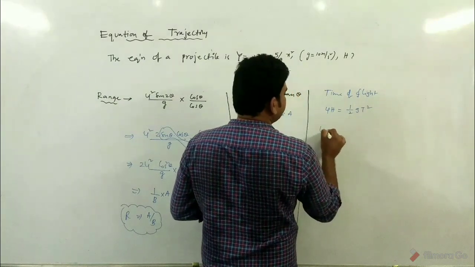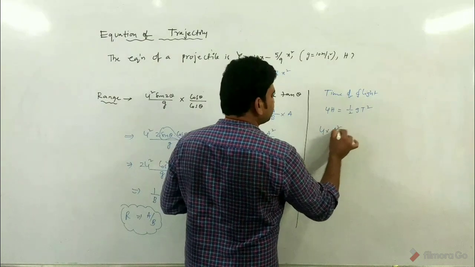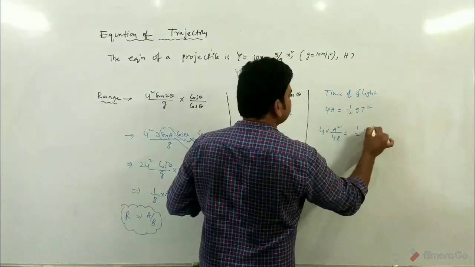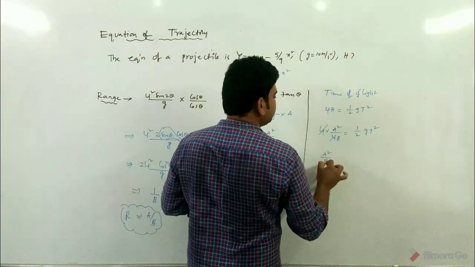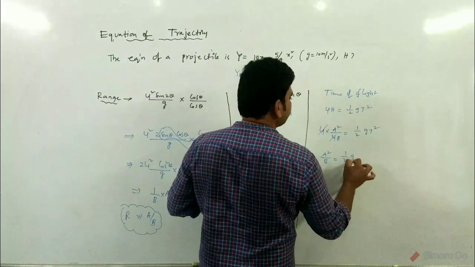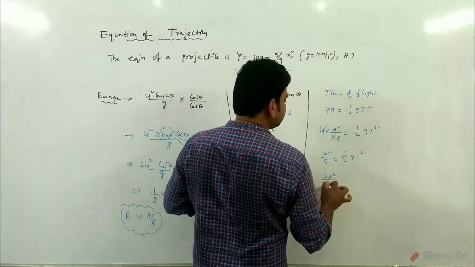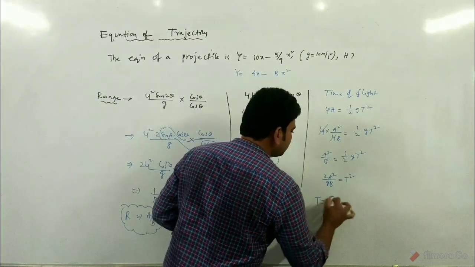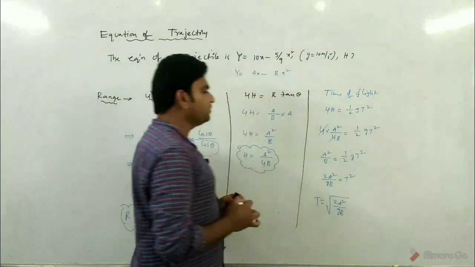Just now we got the height value, a square by 4b, so 4 into a square by 4b is equal to half g t square, and from here 4 gets cancelled. a square by b is equal to 1 by 2 g t square, and from here 2a square by gb is equal to t square, and t becomes root over 2a square by gb. So any value we can find out.